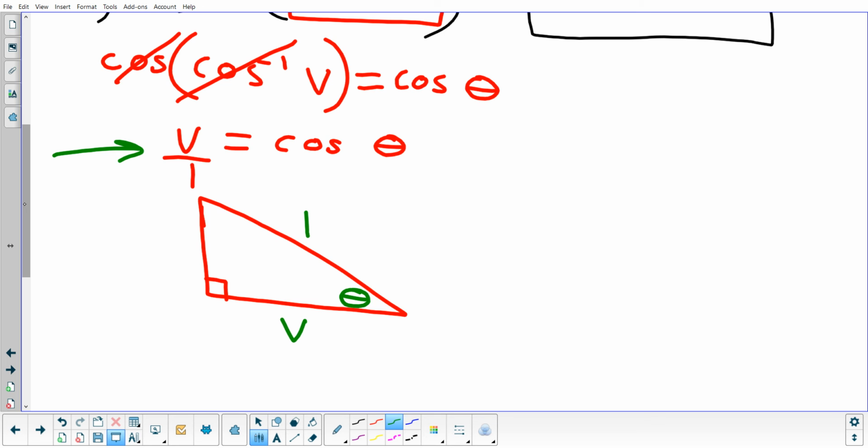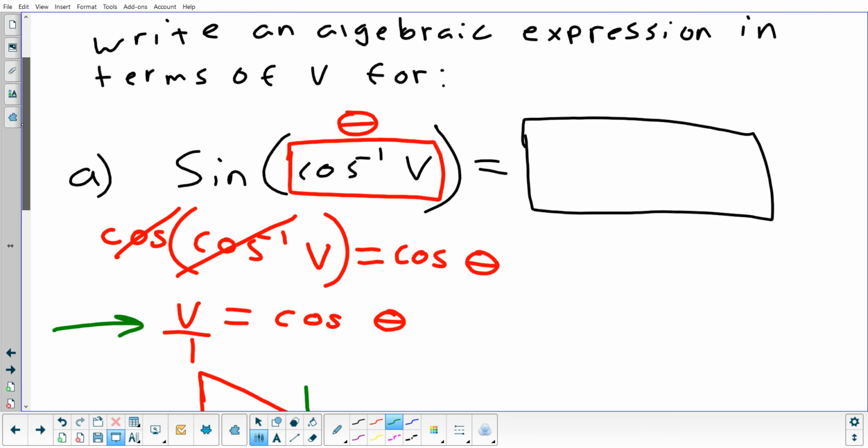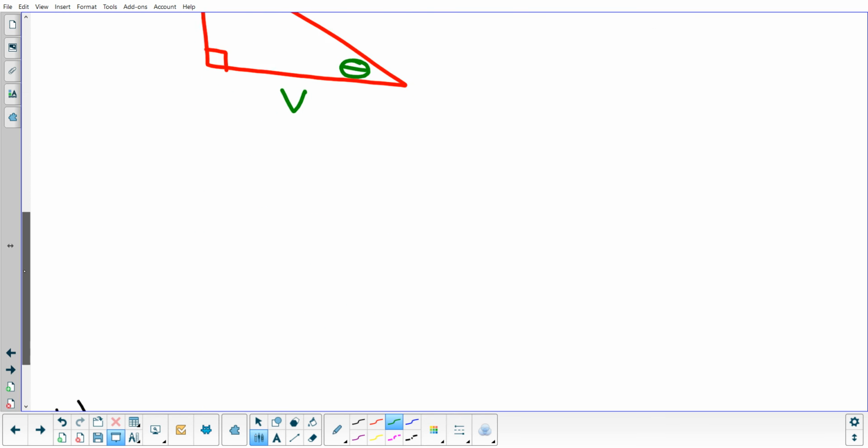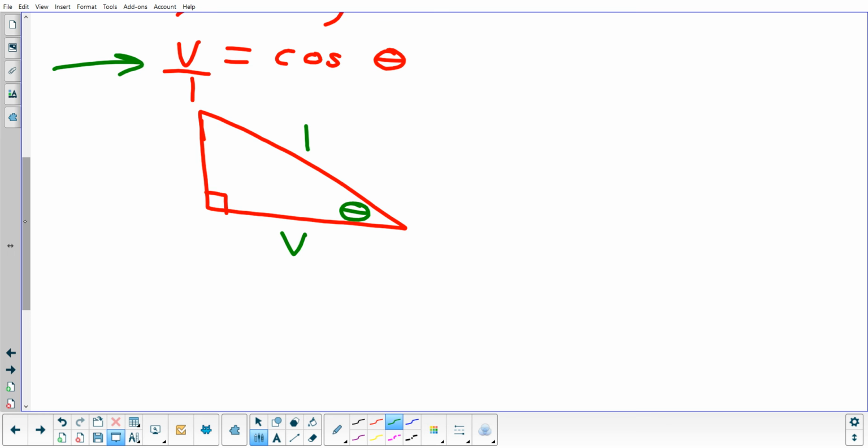Now is where you scroll back up and you look at the original problem. They want to know the sine of theta. So look at your diagram. What's the definition of sine? Yep. Opposite over hypotenuse. Well, I know the hypotenuse, but I don't know the opposite. But I do know 2 out of 3 of the sides.